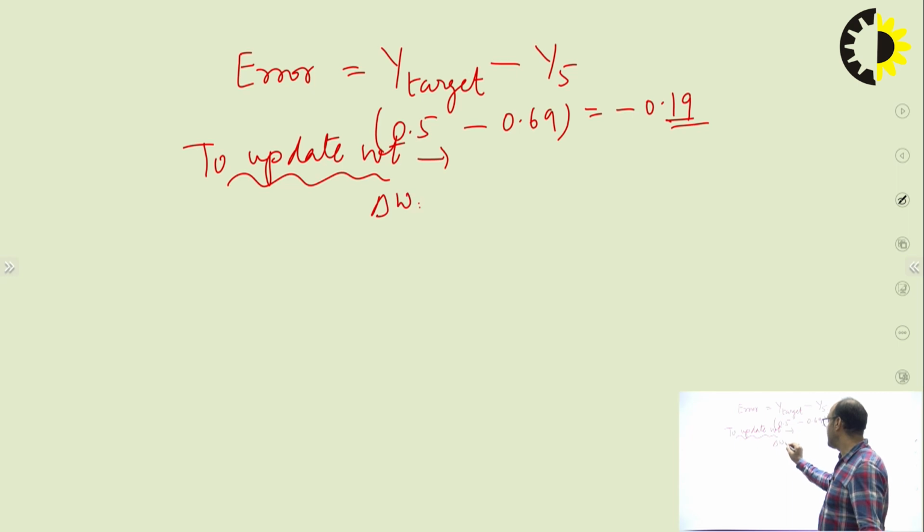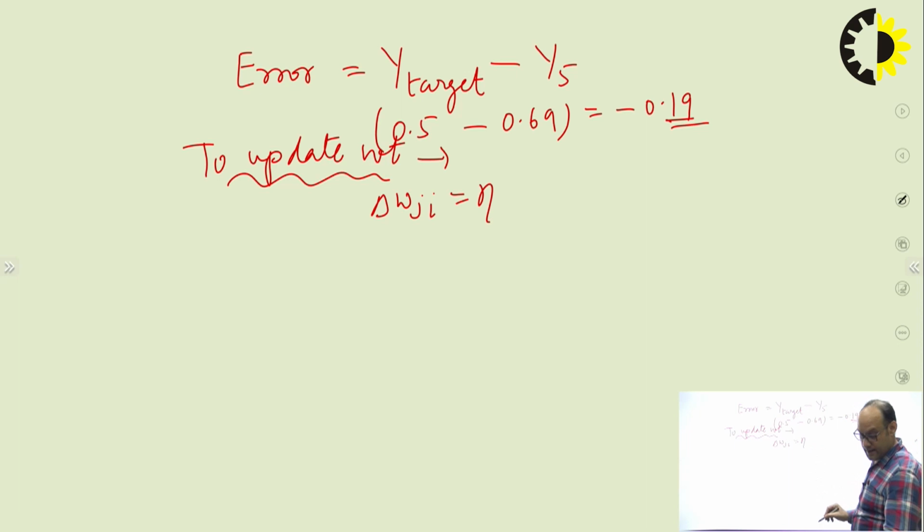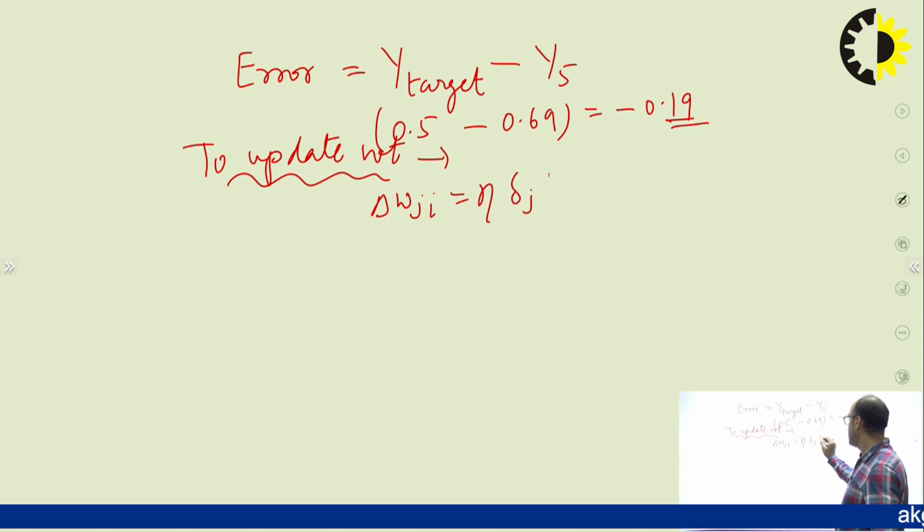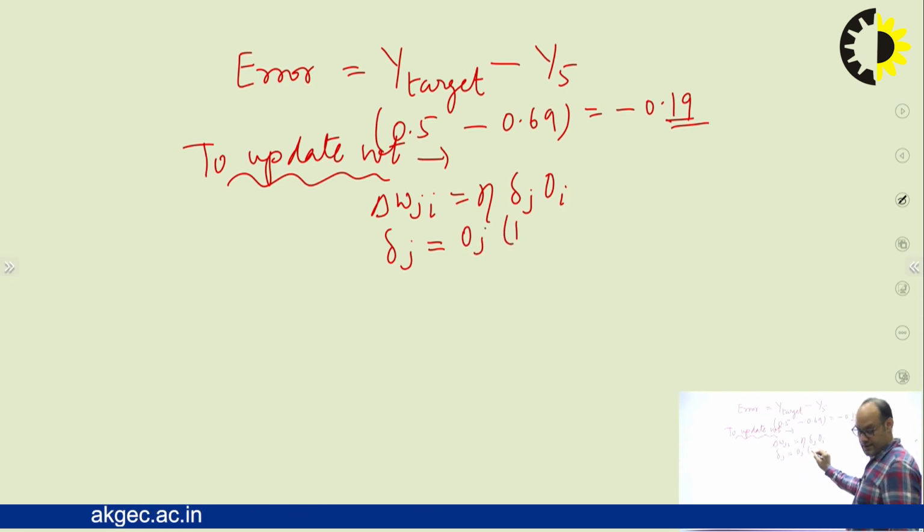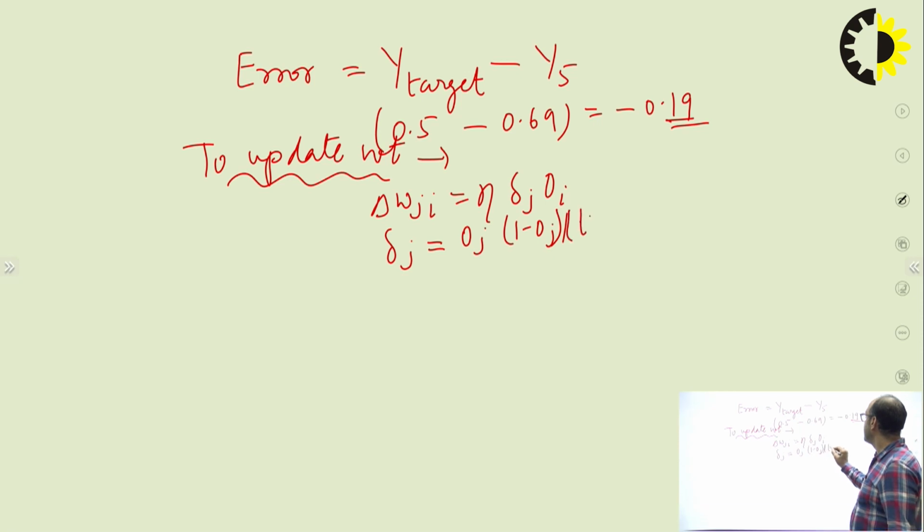Delta Wji is equal to eta of delta J OI, right? So we know that this delta J is equal to OJ (1 minus OJ) then (TJ minus OJ).